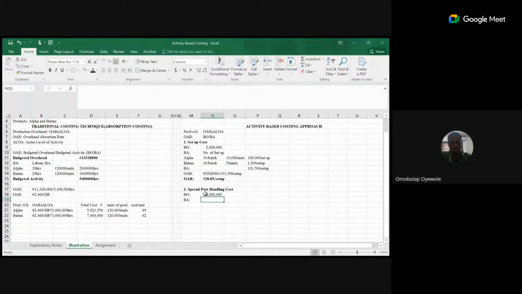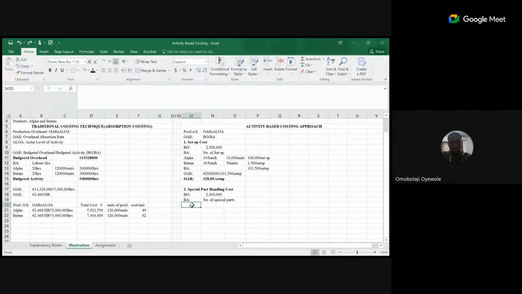Then the budgeted activity for special parts handling costs. Now, what's the cost driver? Number of special parts, right? Are we together?